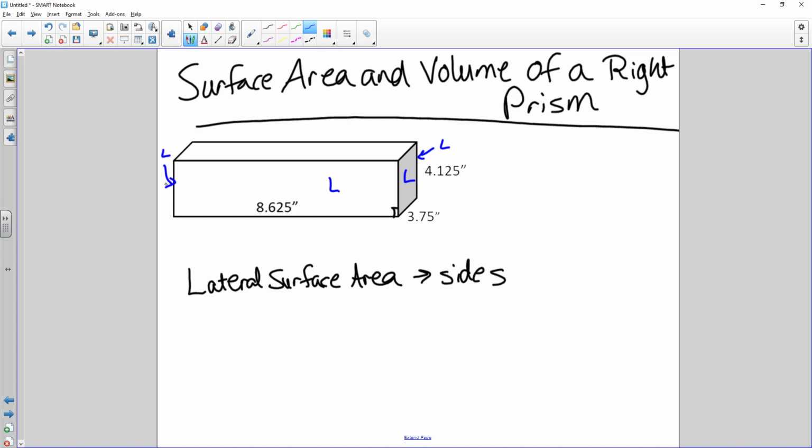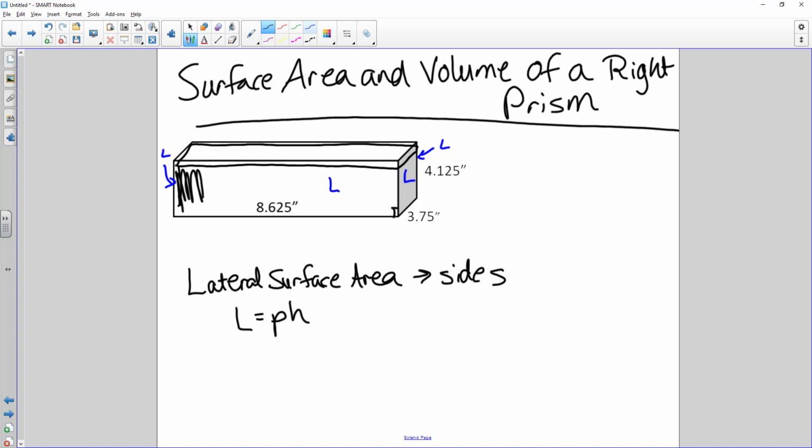So, 4 sides. The quickest way to come up with the formula for lateral surface area is to do the perimeter times the height. Because we're going around and around, and then by multiplying by the height, we're filling in the area of each side.